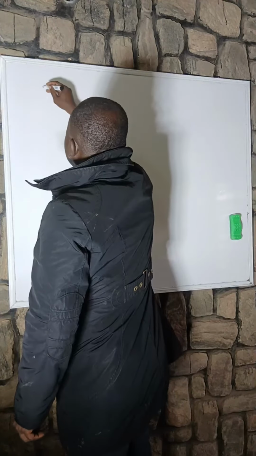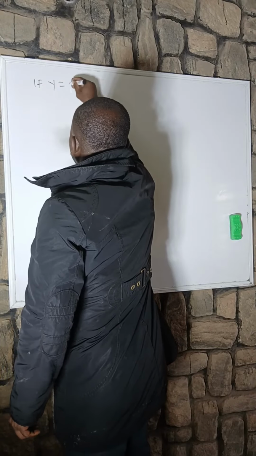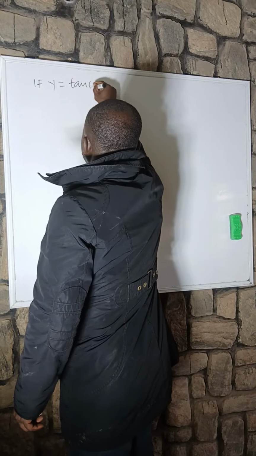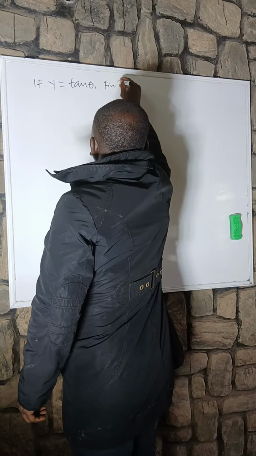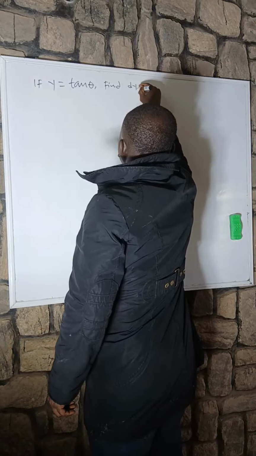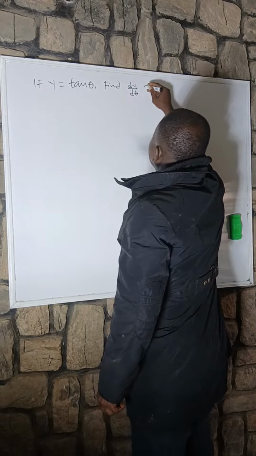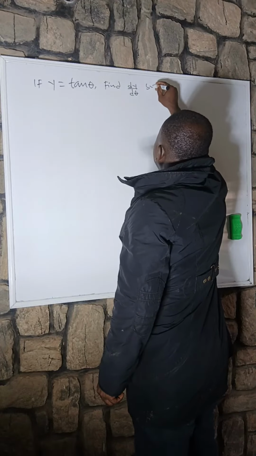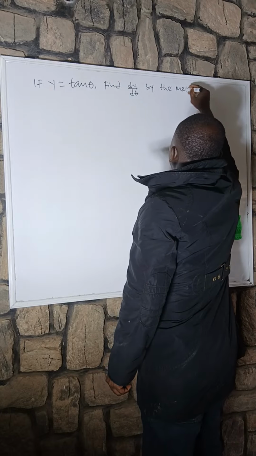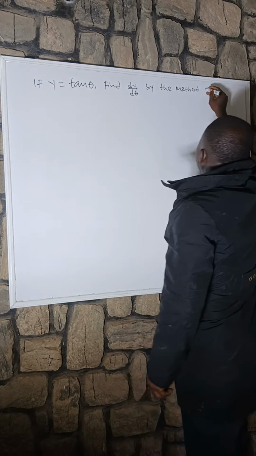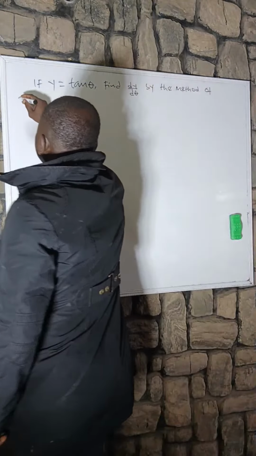One of the problem says if y equals tan theta, find dy all over d theta by the method of quotient rule.